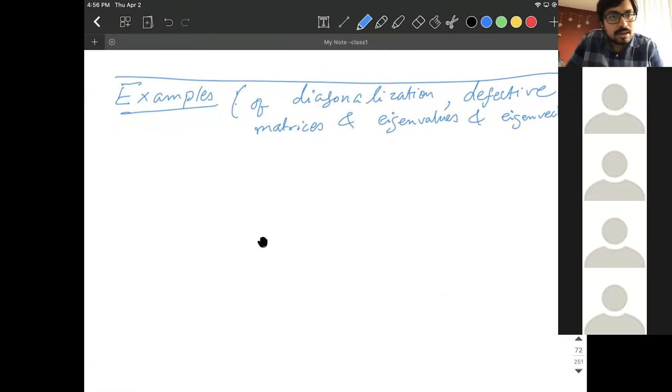So we are still in note 10, which is eigen 3. So let's start off with a simple problem.